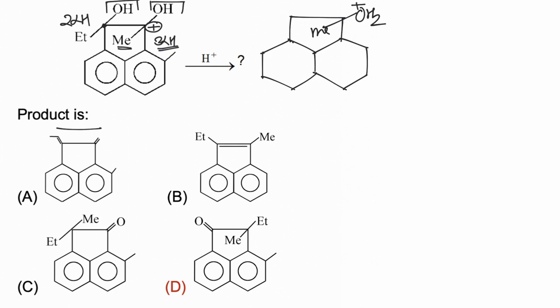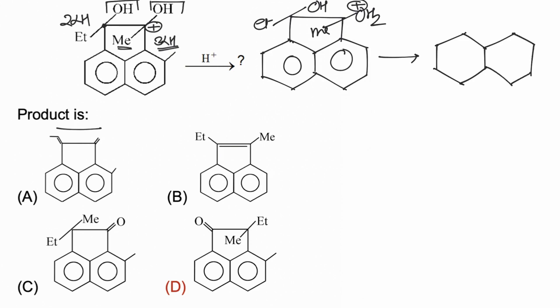So MeOH2 positive is formed in first step. Now OH2 positive is leaving group and water molecule is eliminated. So after removal of water molecule, now this carbocation is formed which is stabilized by resonance as well as alpha hydrogen of methyl group.